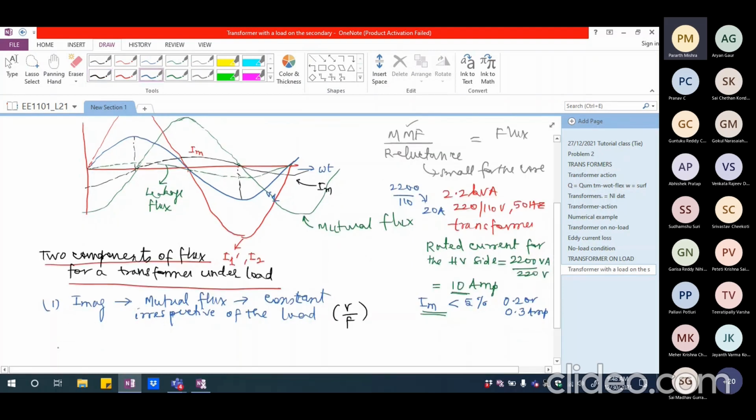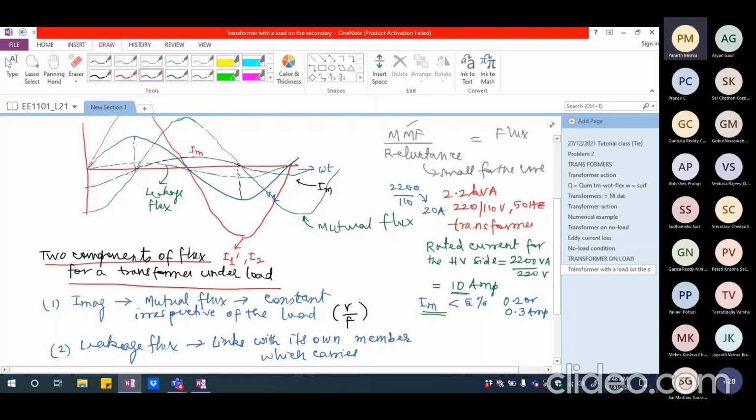The second component that exists during the load condition is leakage flux. This is essentially set up not in the core, it is mainly through the air gap. So the leakage flux links with its own member which carries the current. So if the primary is carrying a current, it is setting up a flux around the primary itself.